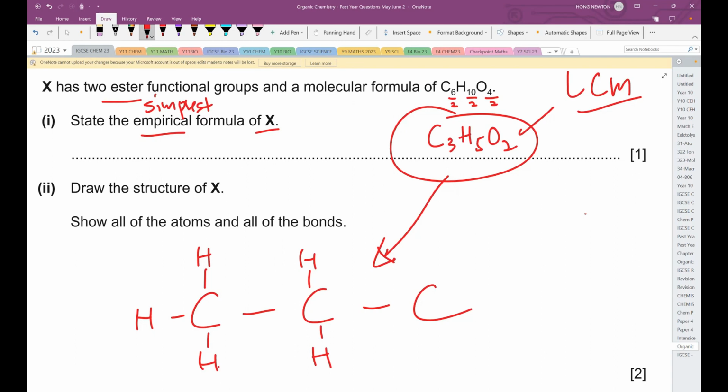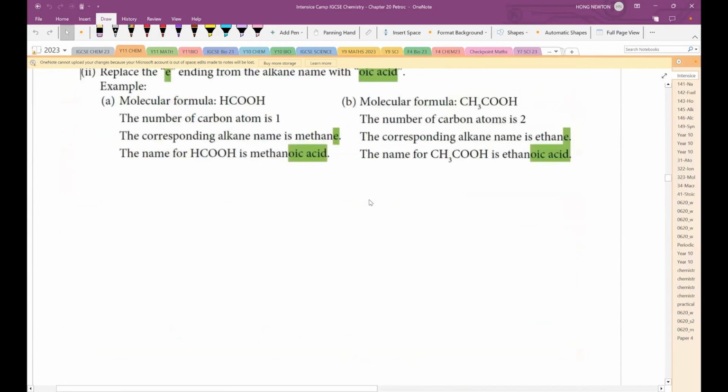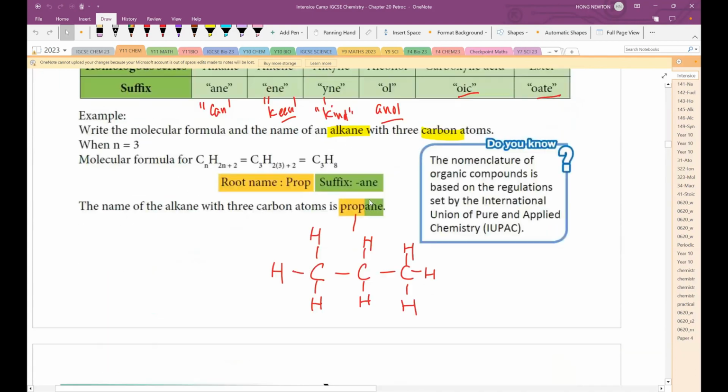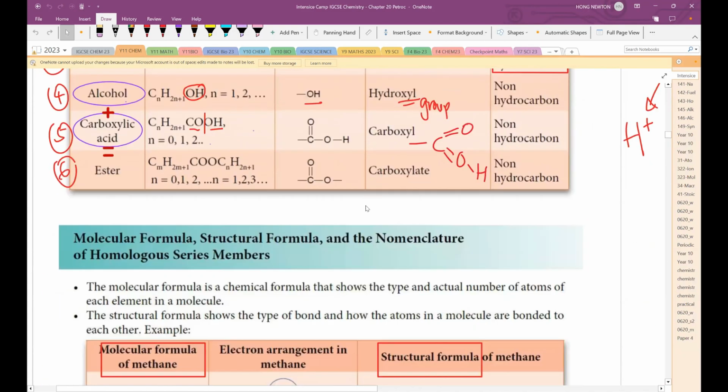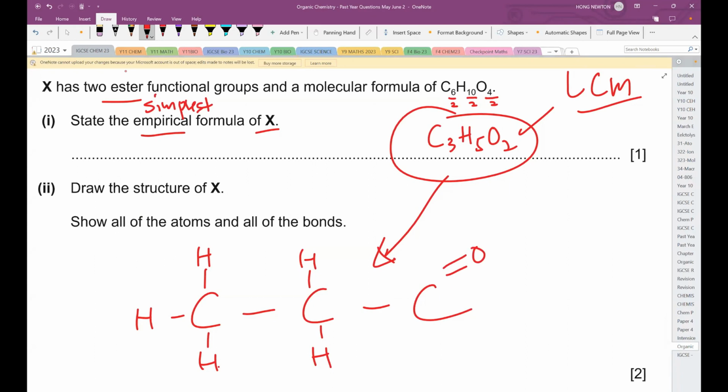COO, at the back, like this. You can actually draw like this, or you can also draw like this, or draw it properly like this. Okay, done.